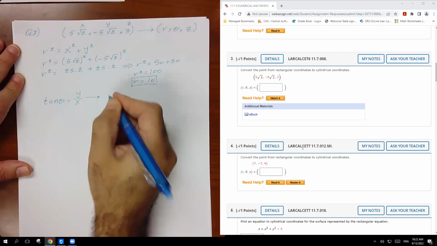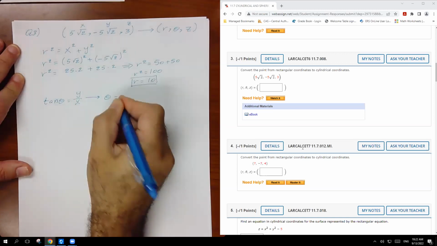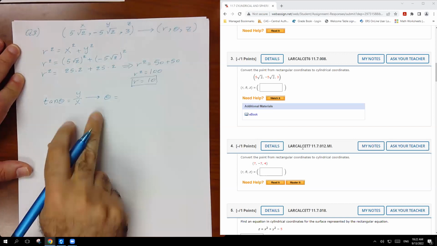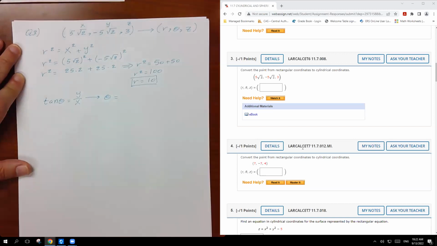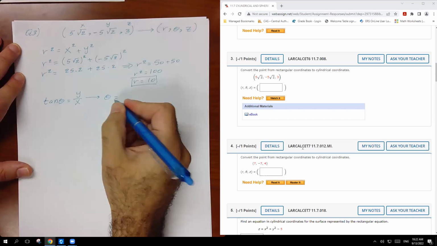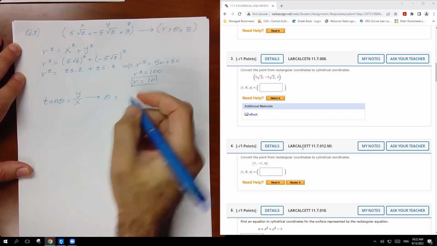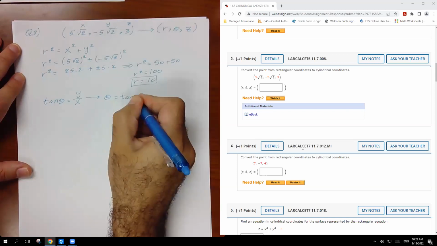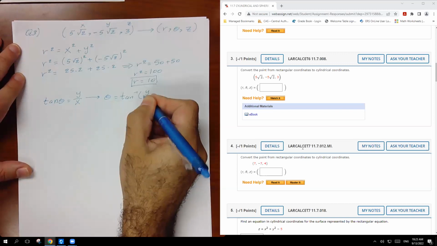Then theta is going to be... this is an important thing, how to find it, because you can't plug in theta as a decimal number. We have to convert it to something like pi over 2 radian, 3 pi over 2. So theta is going to be tan inverse of y over x.